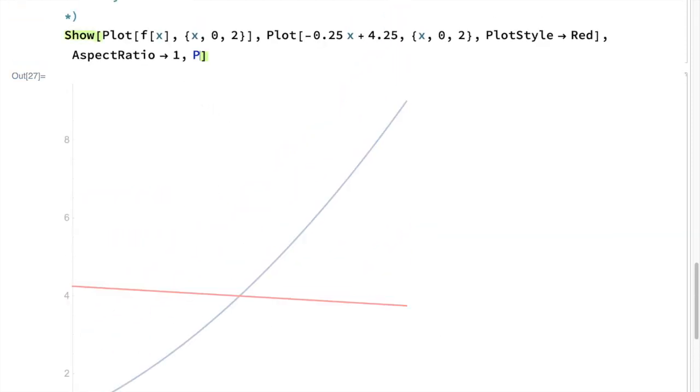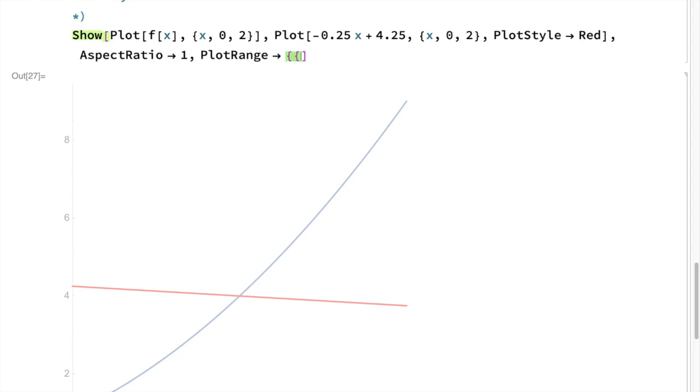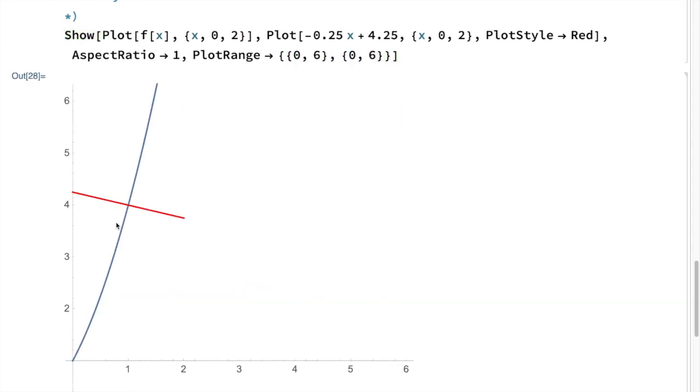Okay. Let's get the plot range. Let's change it to 0 to 6 and 0 to 6. That ought to fix it. Yeah, that looks a lot better. And why don't we zoom in on that a little bit more?